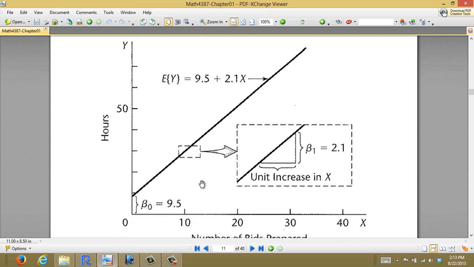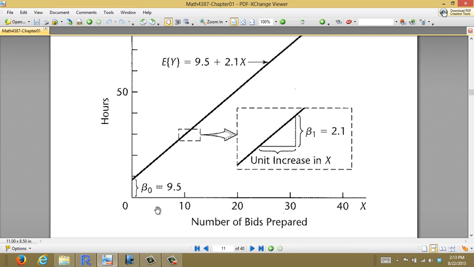So this right here is a visual description of the interpretation that we just discussed. You see here the number of bids prepared goes from 0 out to x of about 40, and the value of beta naught is 9.5. So when x is equal to 0, the value of the average response is going to be 9.5.